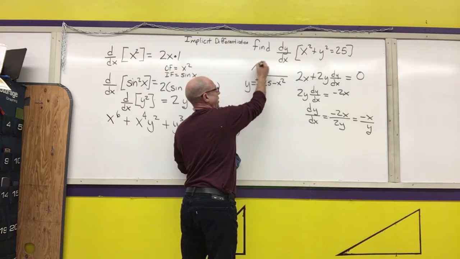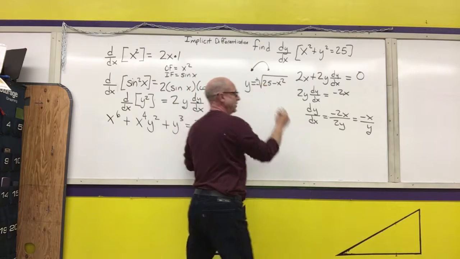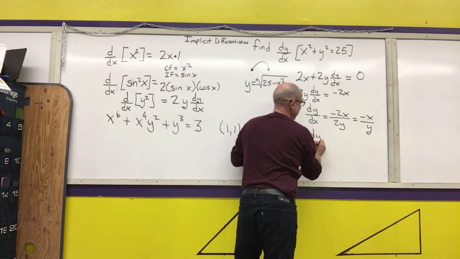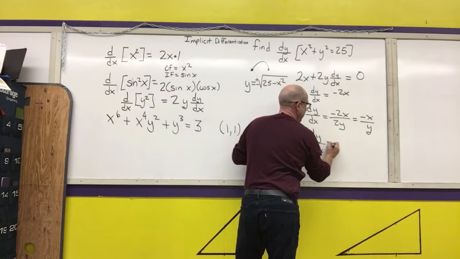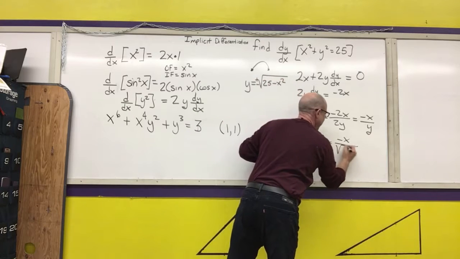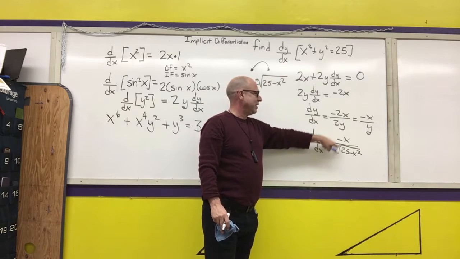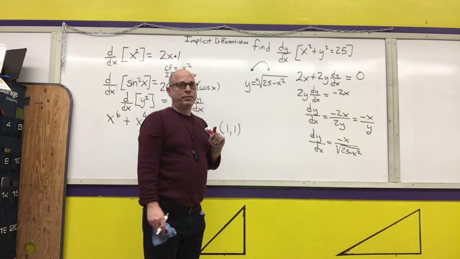And if I'm interested in the upper half of the semicircle, where I just take the positive one, I could have rewritten this negative x over y, where y is the square root of 25 minus x squared. So this is identical to what I got before.